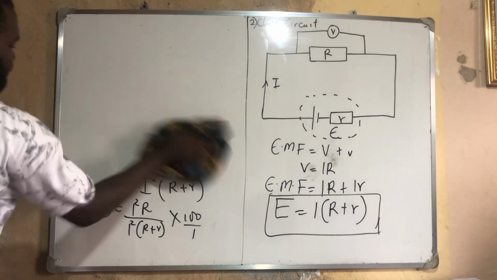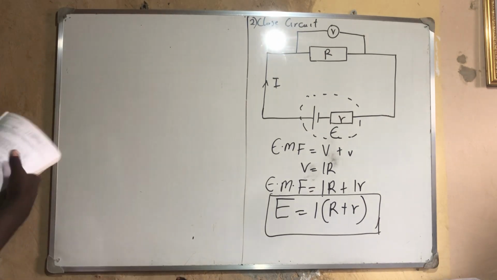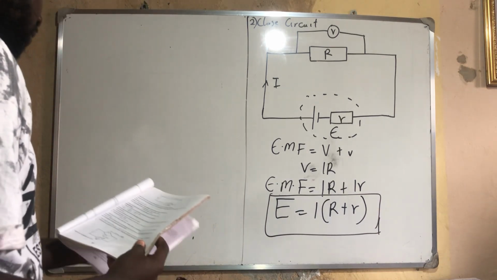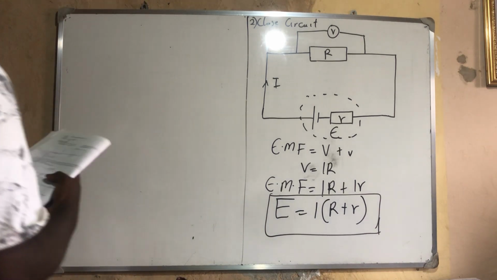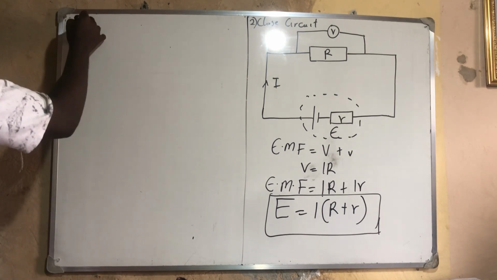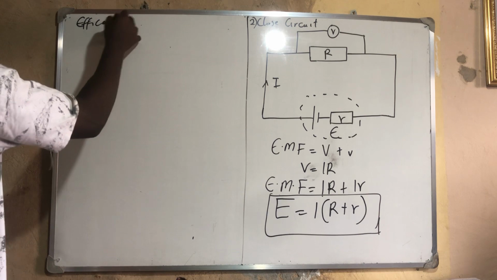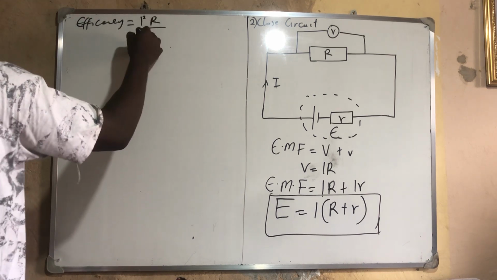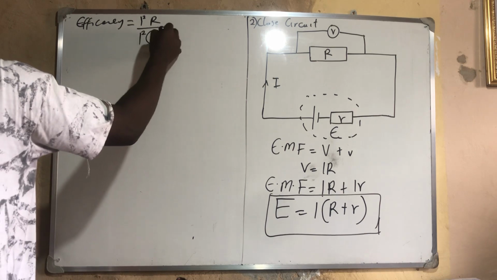So the next thing, let's solve calculations to illustrate what we have done so far. But if you look at that, in conclusion, efficiency is equal to I squared R all over I squared in bracket of R plus r.